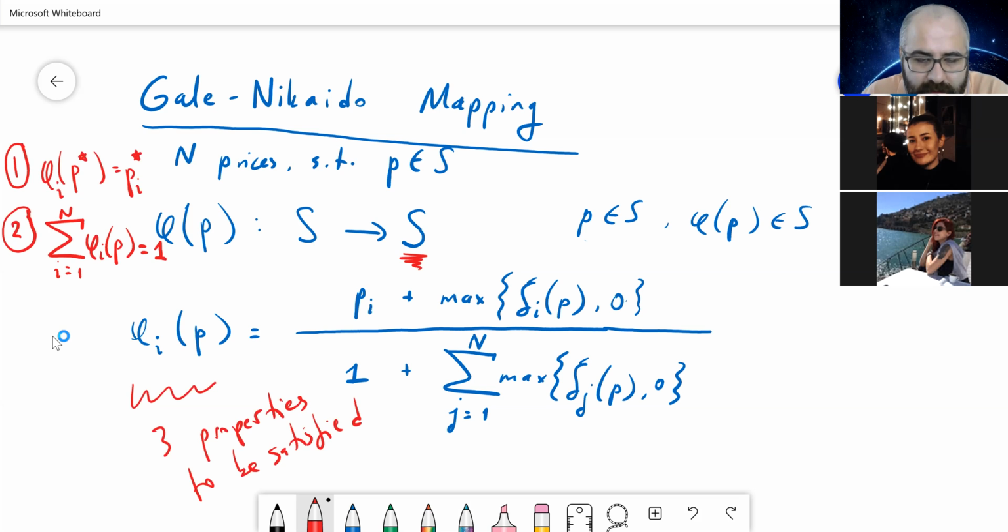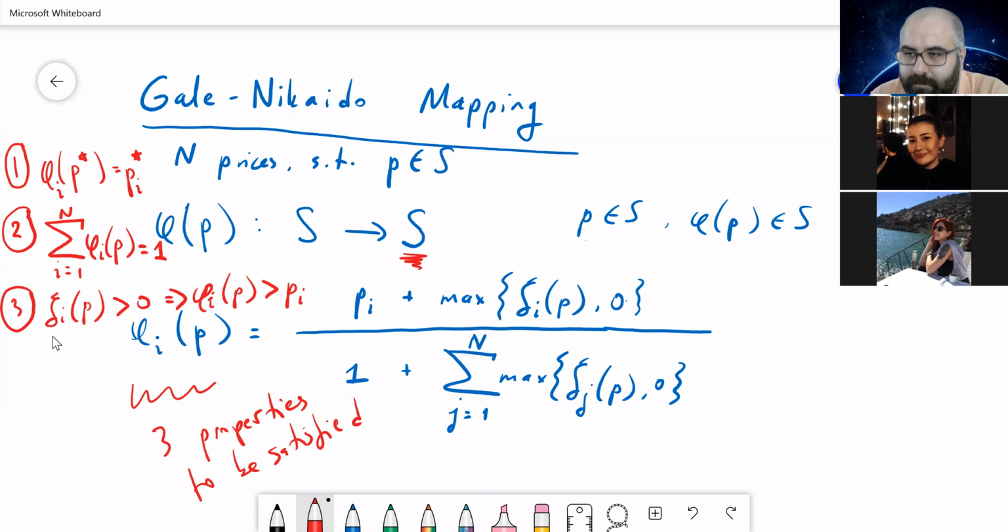The third property is that if excess demand is positive for some market, then the updated price must be larger than the supplied price, okay? Because excess demand is positive, the price should increase. So, three properties that the Gale-Nikaido mapping should satisfy.